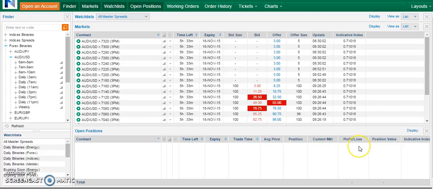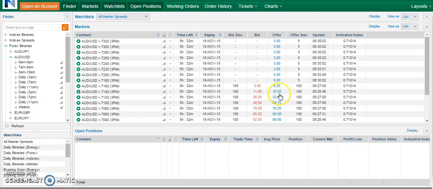The profit that you had in this column goes to your balance, and you're no longer in the trade. You can also limit your losses that way. If the trade goes the other way and it looks like it's going to keep going the other way, rather than wait to lose more money, you can get out of the trade the same way.